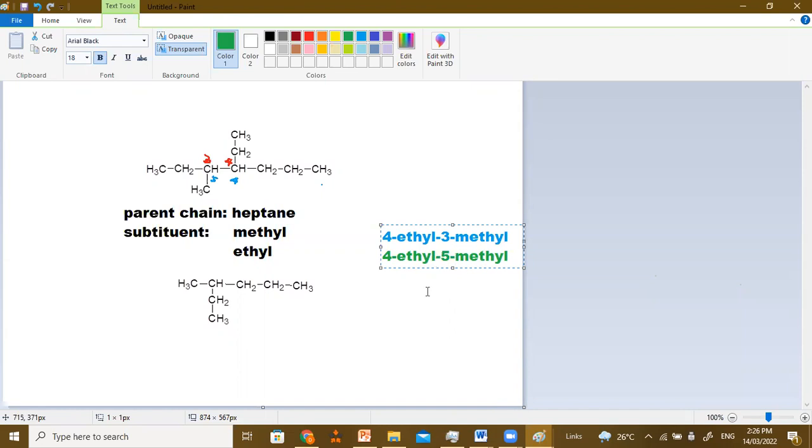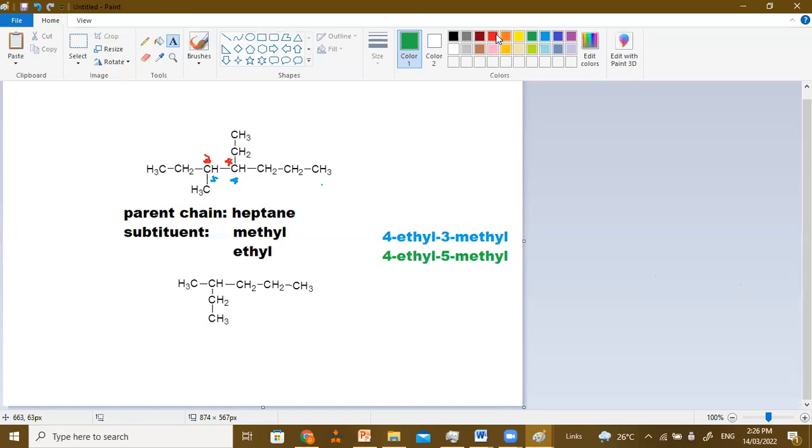See the first point of difference? We choose the one having the first point of difference, so the lower location for all the substituents, which is on methyl. So it's 3-methyl, and we choose this one here. When we name this, we copy 4-ethyl.